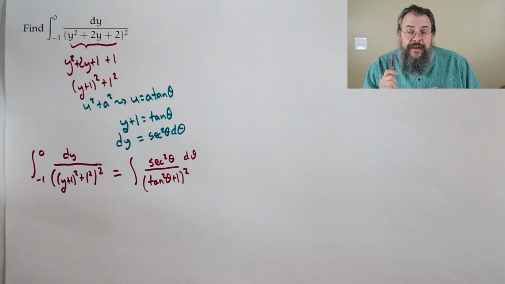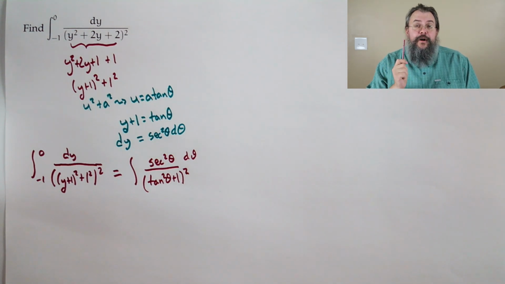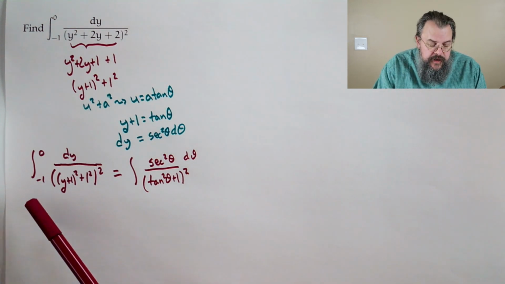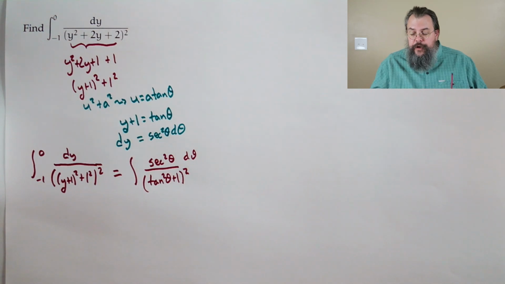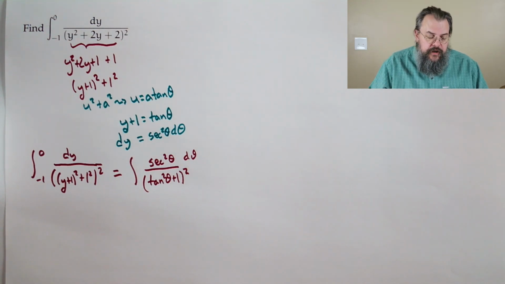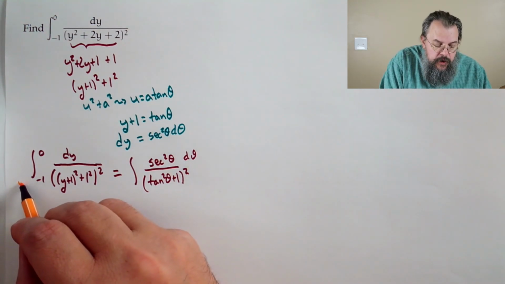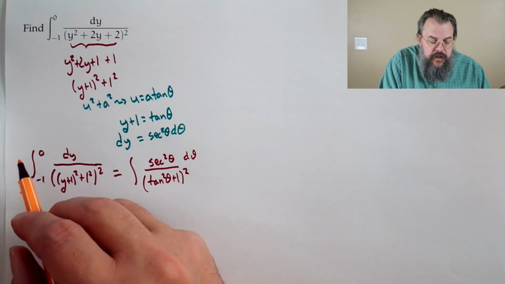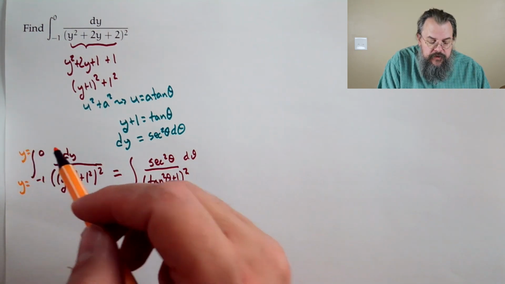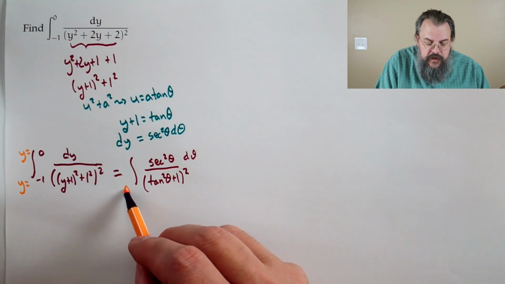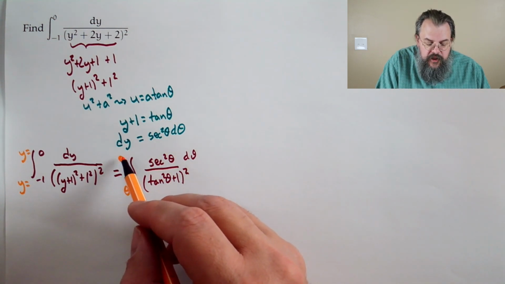So let's take a moment here and think about our bounds. Let's start here with -1. And remember, when we write down -1 here, we're really writing down y equals -1. So y equals -1 to y equals 0. We want to convert to theta equals something to theta equals something.